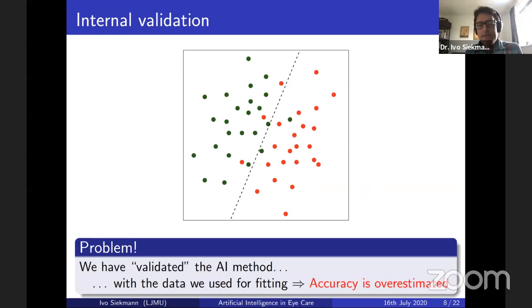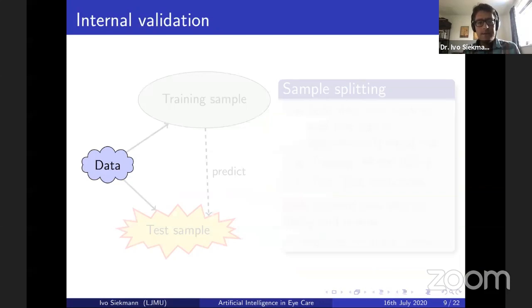So the accuracy is usually overestimated if we do it in this case. So in practice, what you usually do is you try to do your validation with different data than you use for fitting your AI method. And I will demonstrate this approach on this slide here.